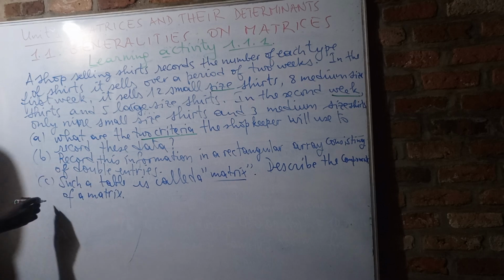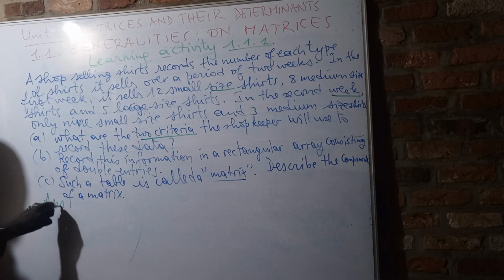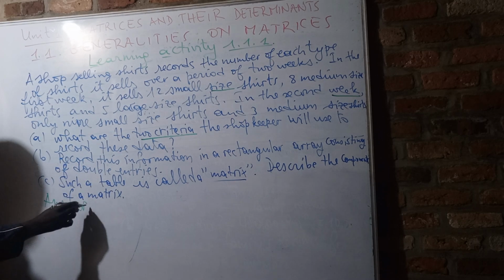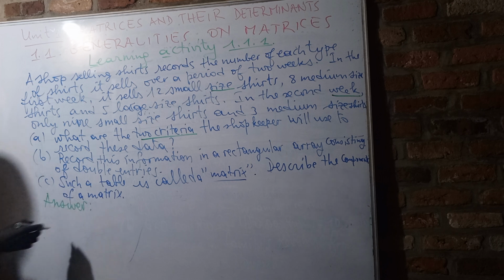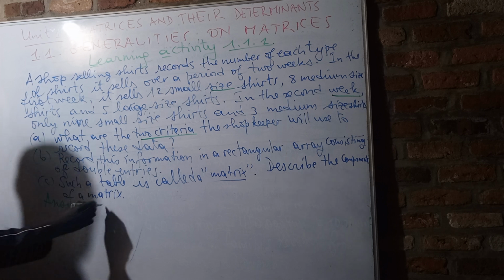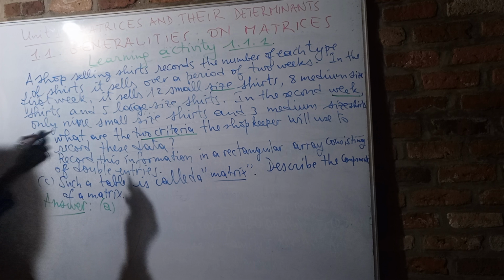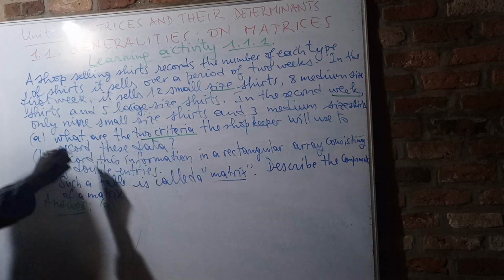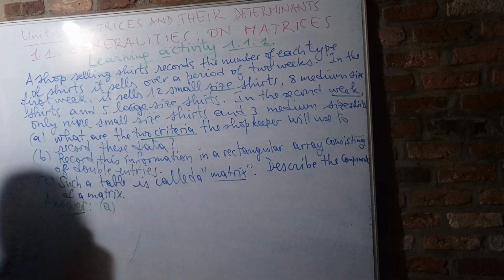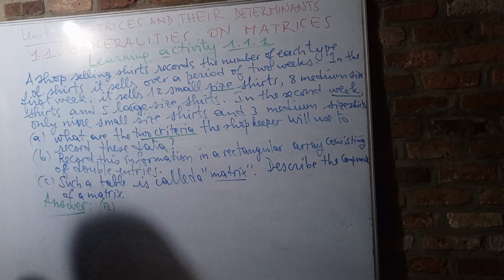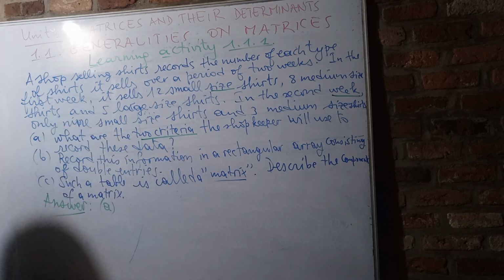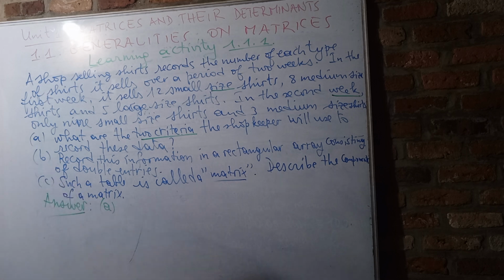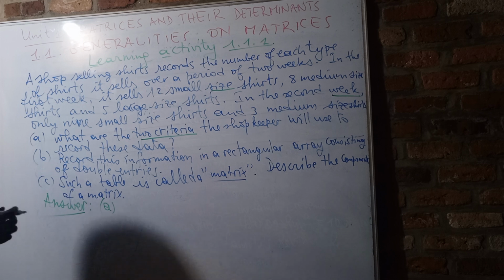So, answer to this activity, number A. The two criteria the shopkeeper will use to record this data: first of all, he may use the size.